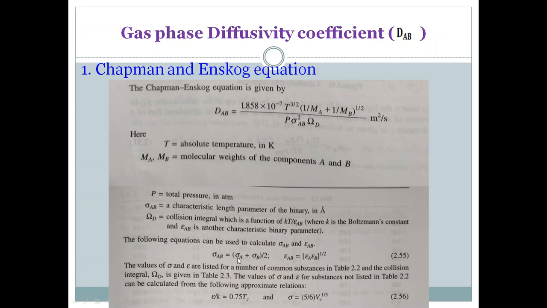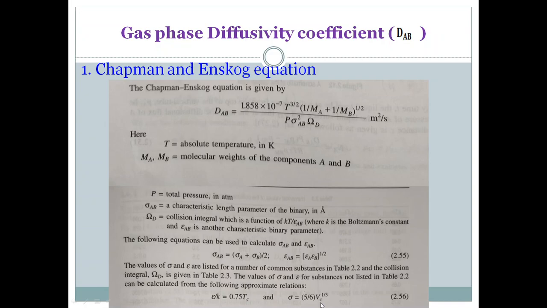Sigma AB equal to sigma A plus sigma B divided by 2. Now what is sigma A? Sigma A is the characteristic length that depends on 5 by 6 into Vc to the power 1/3. Vc is the critical volume of this component.